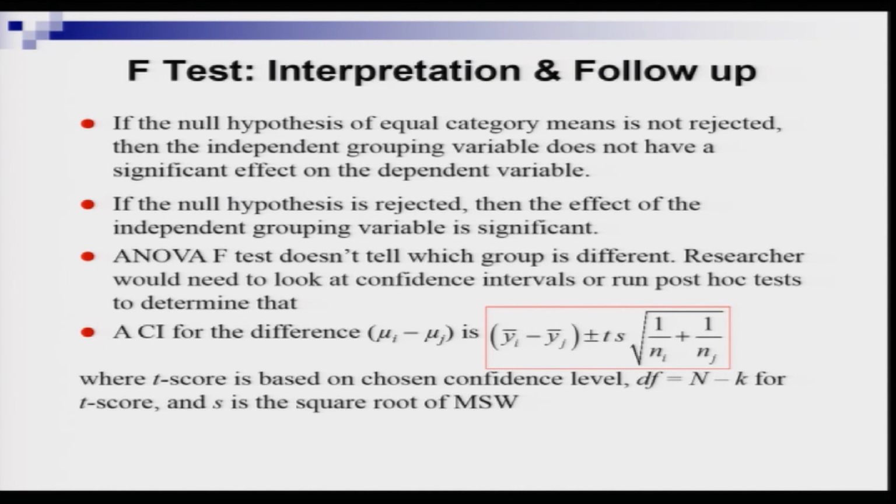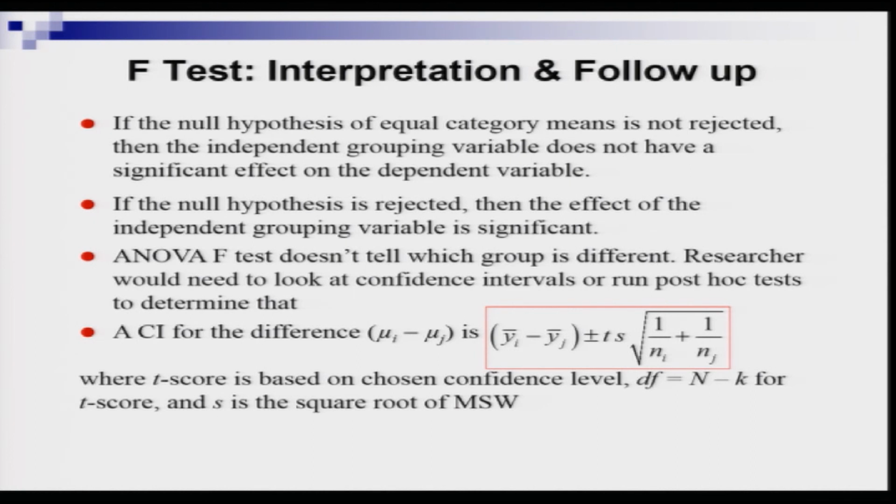Remember that the t table gives you the values for the small sample case, so you have to figure out the degrees of freedom as well. In this case you can write degrees of freedom equal to capital N minus small k, and that will lead you to the t score from the table.